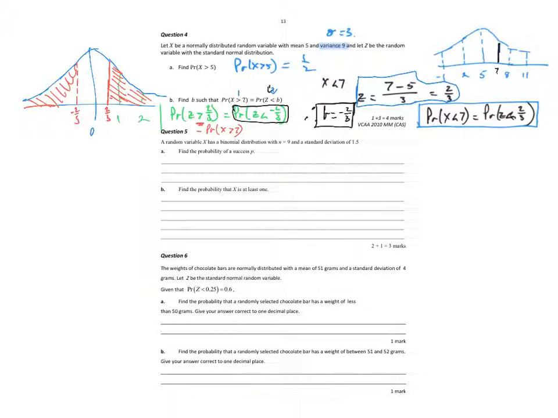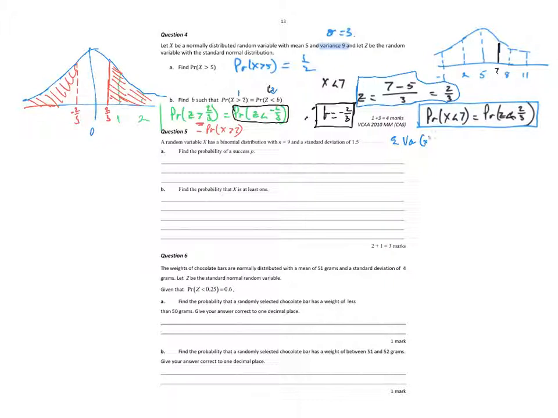Number 5, random variable X is binomially distributed with a standard deviation of 1.5. Find the probability of success P. So what do we know about a binomial distribution? We know that the standard deviation is the square root of the variance.